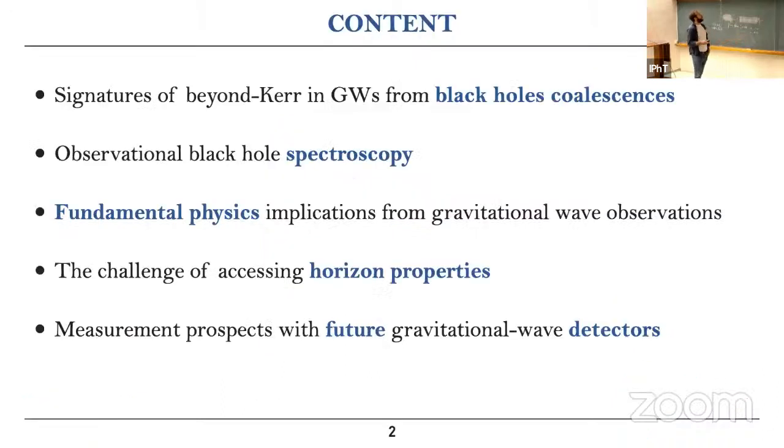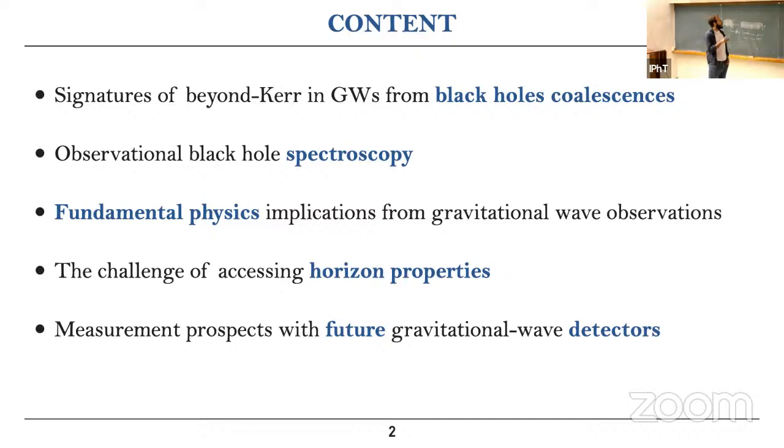Okay, so the outline is we'll discuss signatures of beyond Kerr from black hole coalescences. And then I'm going to focus on the topic I'm mostly expert on, which is observational black hole spectroscopy. And then I'm going to discuss fundamental physics implications from gravitational wave observations. So what can we learn about new fields or new length scales in nature?